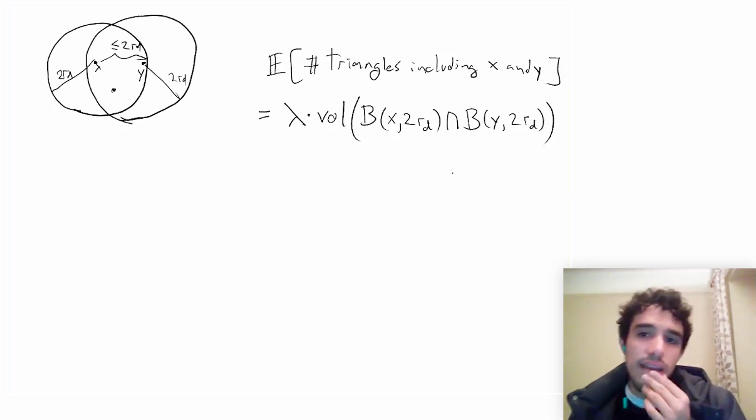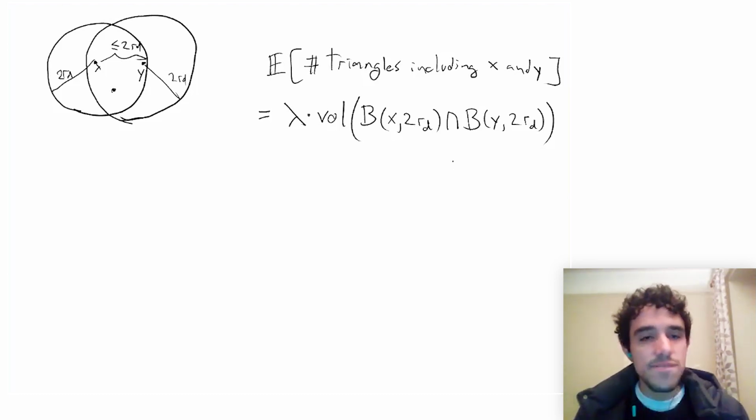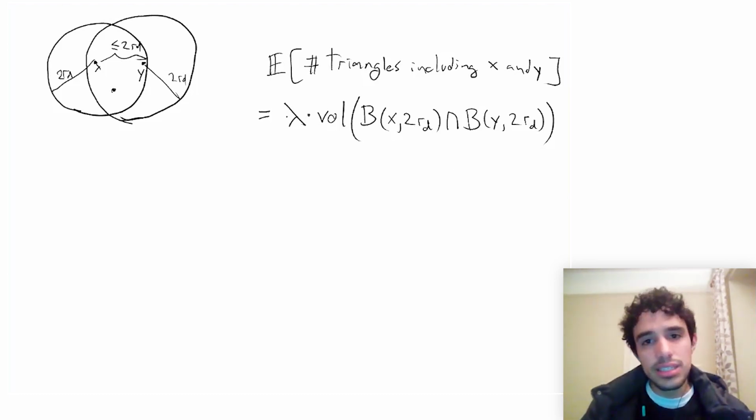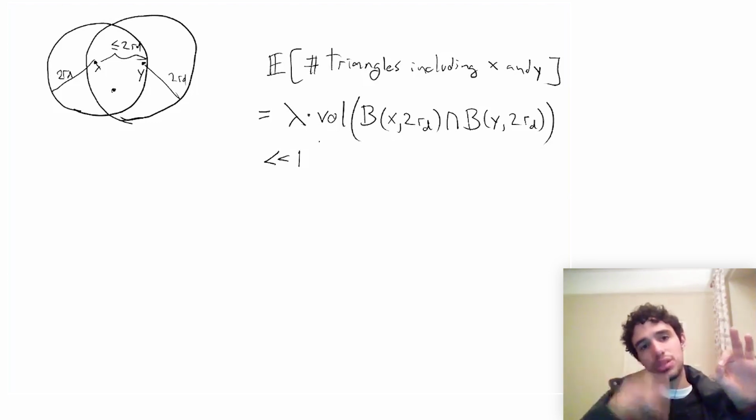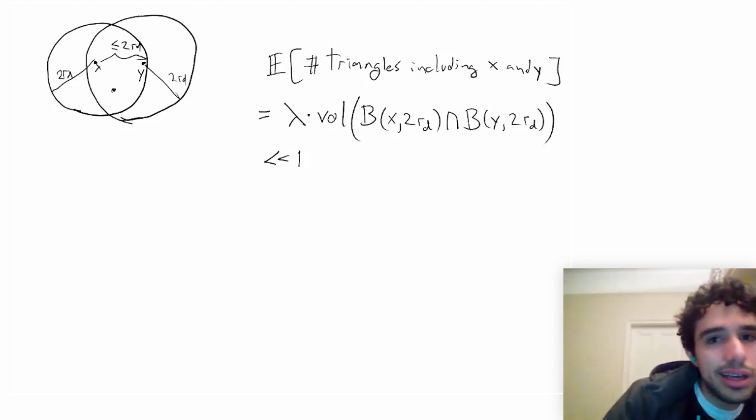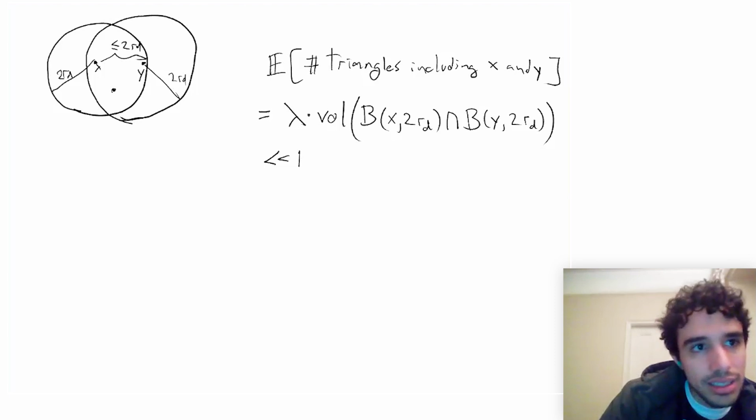Okay, and so basically we need to choose lambda so that this quantity is very small, right? Much smaller than 1, say, so that the expected number of triangles on top of every pair of vertices is very small. And you can do that if you do the calculations.